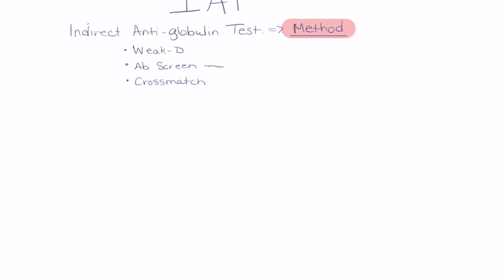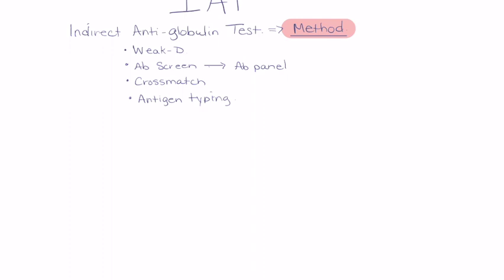What goes along with an antibody screening is if we find an antibody, we'll do an antibody panel. We'll use it for that. And occasionally, we're going to use it for antigen typing as well. So it is a method that can be used for multiple tests. Okay. So let's start.